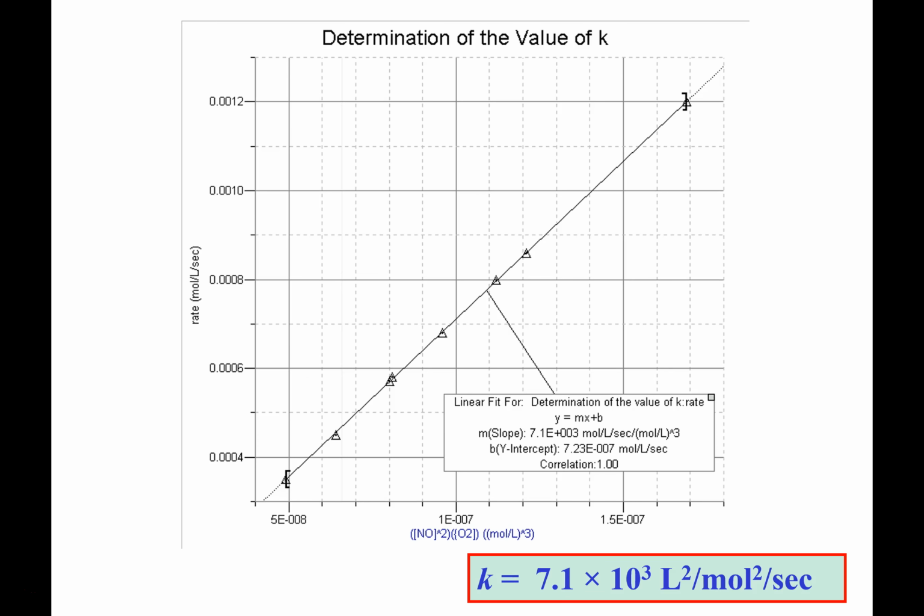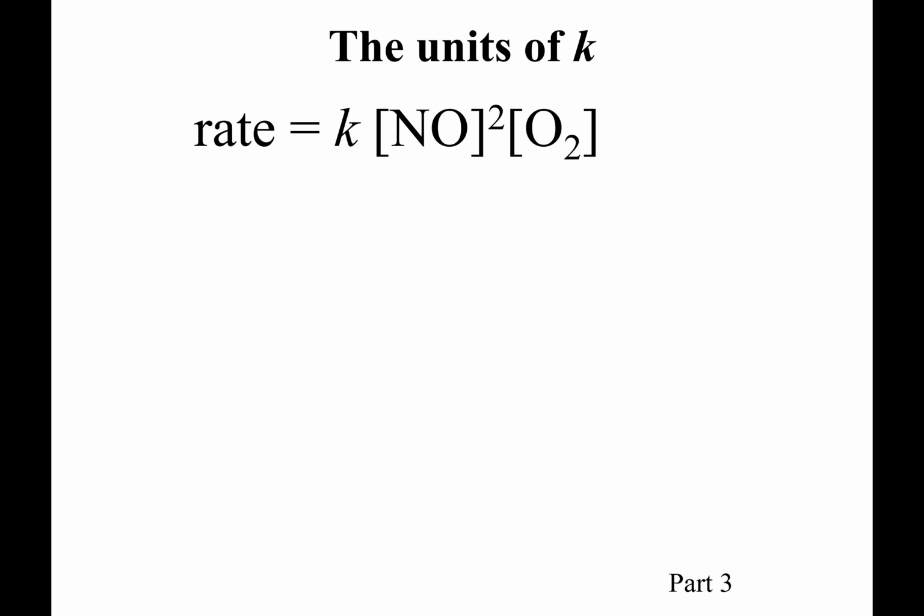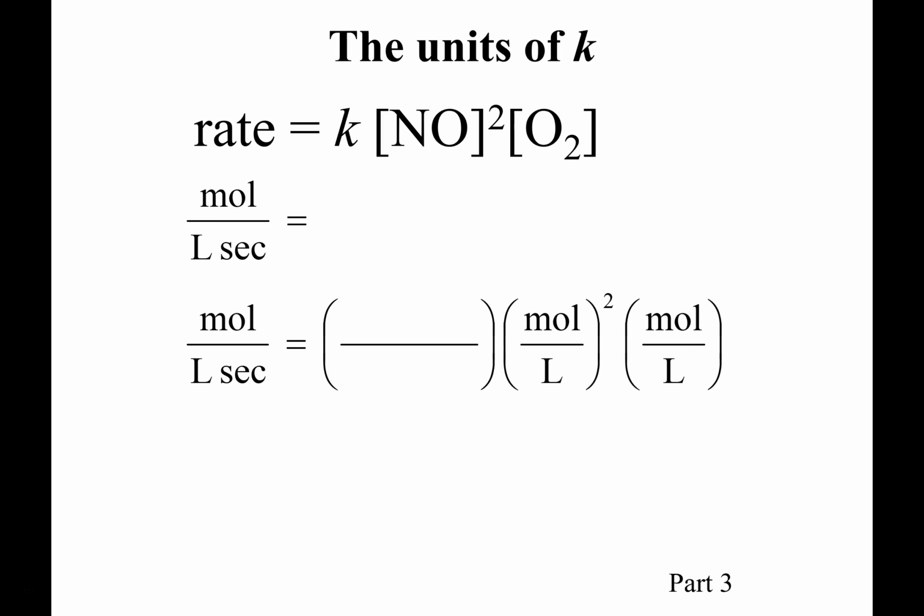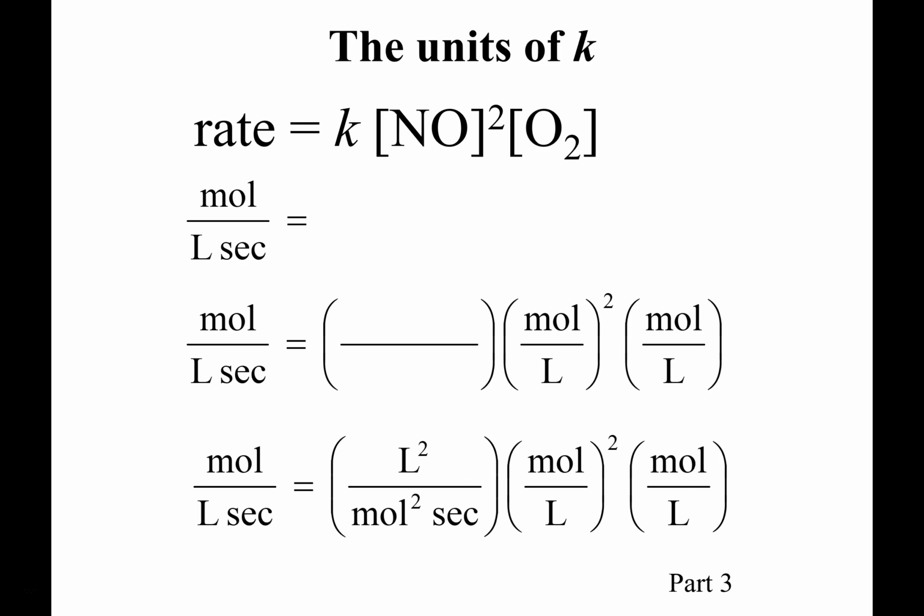And that will leave you with rate, units of moles per liter per time. Rates are always going to be moles per liter per time. One way to think of it: by introducing something raised to the second power, which is your NO, and something raised to the first power, which is your O2, you introduce moles cubed per liters cubed. So in order to get it down to moles per liter, you need to introduce a liter squared per mole squared.